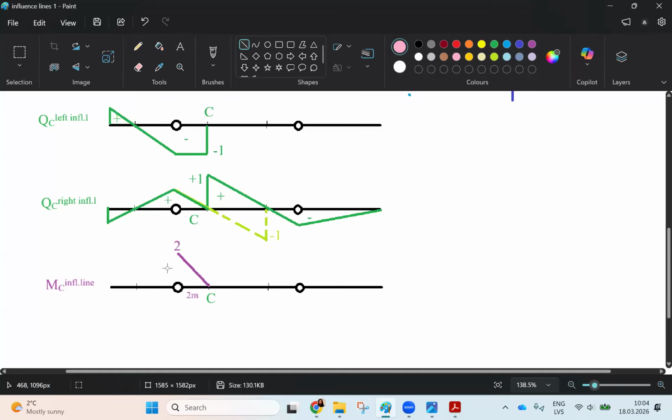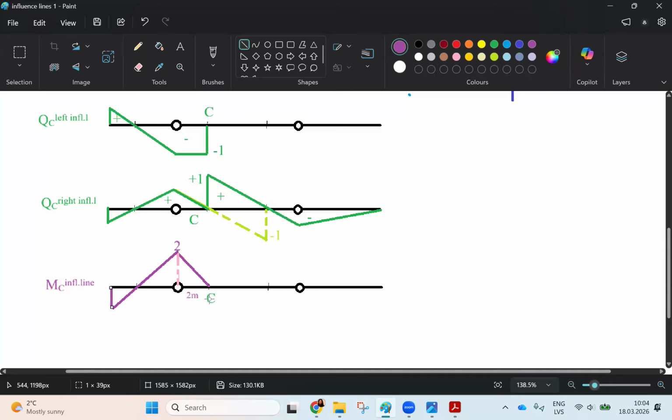The value of 2 is here, and then we join these 2 points at 45 degrees. Same second rule: at the hinge we change the direction, and at the support we go through 0.